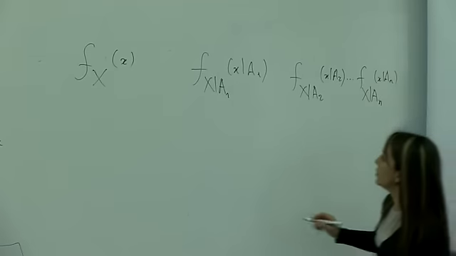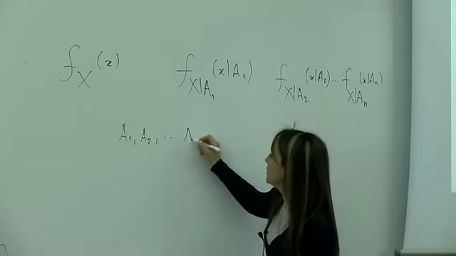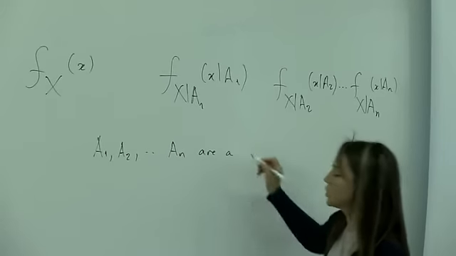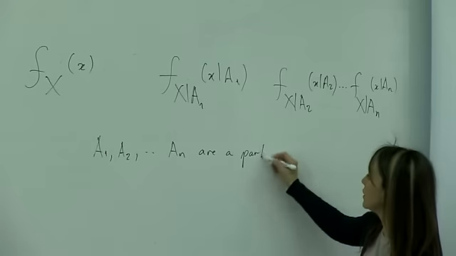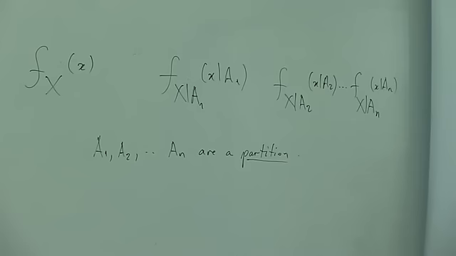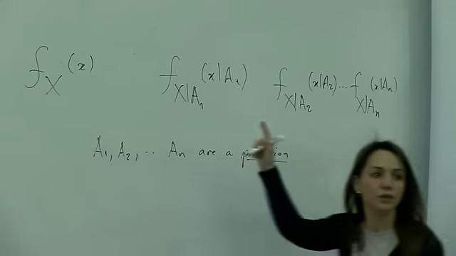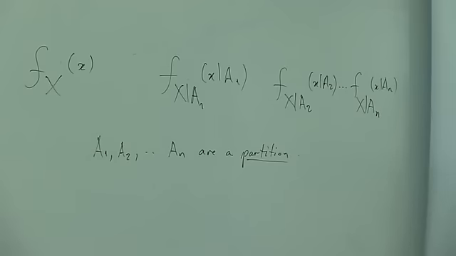What do we know? A1, A2, up to An are a disjoint partition of the sample space. So how do you think we can compute f_X(x) using the conditional densities?